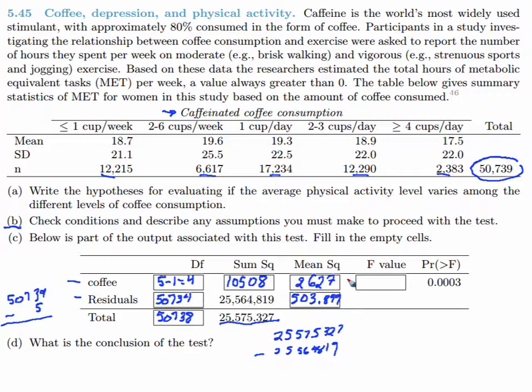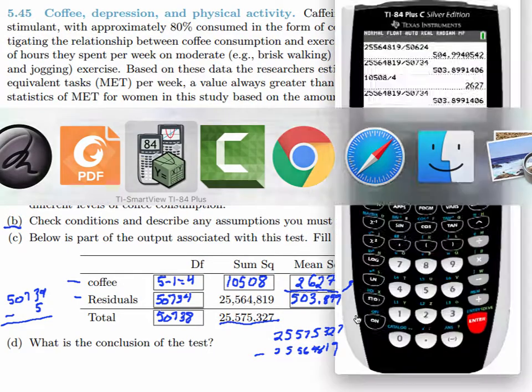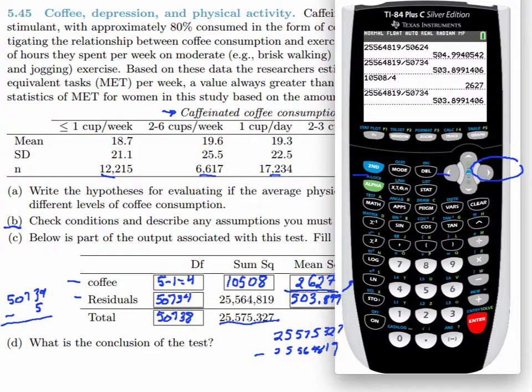Now, what is the corresponding F value? Well, the F value is calculated by taking the ratio of these two values. In other words, you put a division bar right here, and that gives you back your F value. So it's the mean square for the coffee divided by the mean square for the residuals, and we get back the F statistic. Let's get a calculator up here.